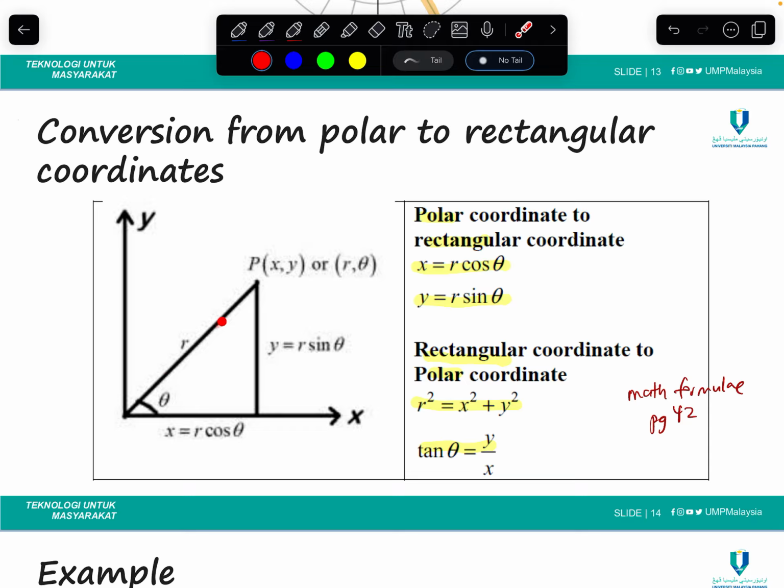So if we draw a triangle here that connects the origin to the point P, and we draw a vertical line here, we see that the distance from the origin to P is r, with the angle theta.